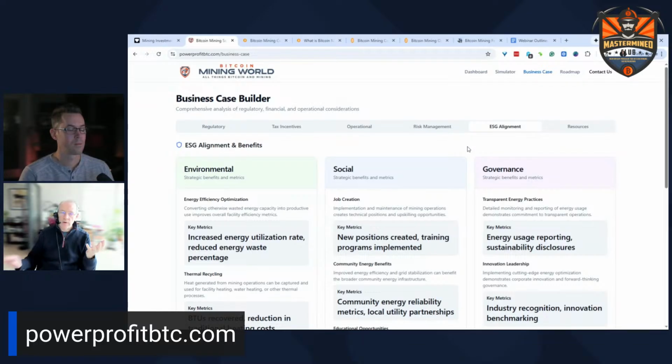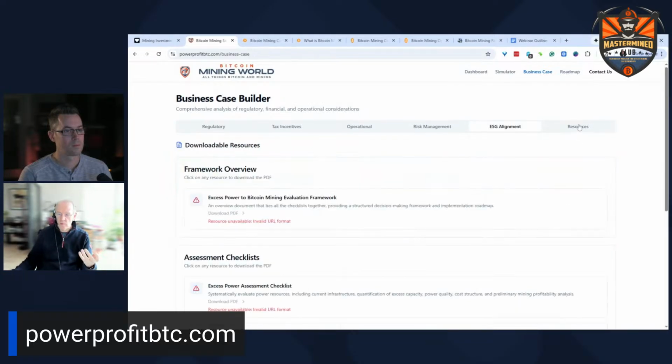Depending on where your business operates, you might be looking at social or environmental issues that may not exist in other areas, but you should be aware of how these things are working. And of course, we try to provide enough resources so that you can actually download these things and understand them.